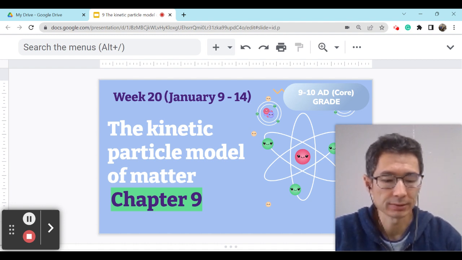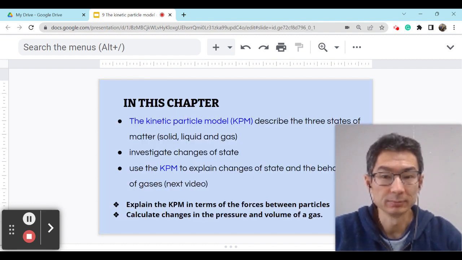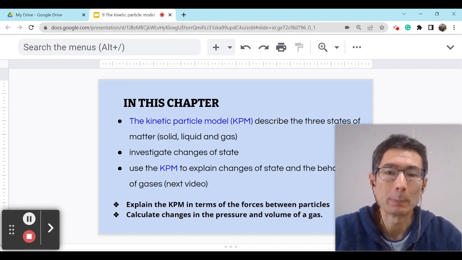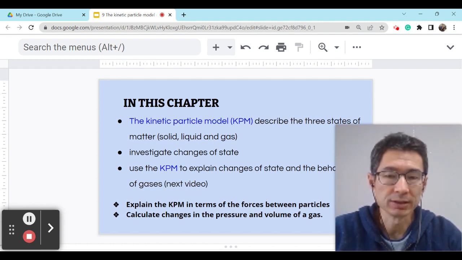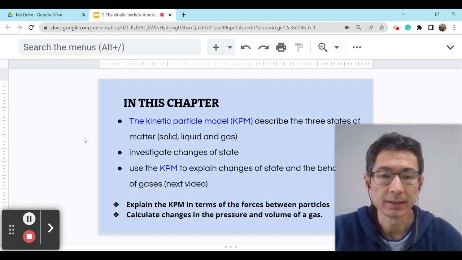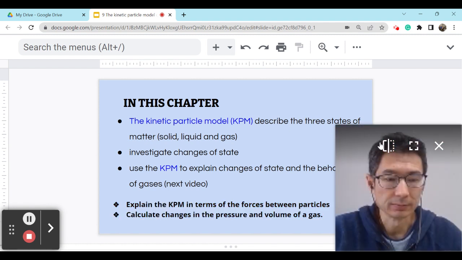And let's get started. So, why the kinetic particle model? Well, I will explain the meaning of this model. But in general, this model describes and explains the three states of matter: solid, liquid, and gas.